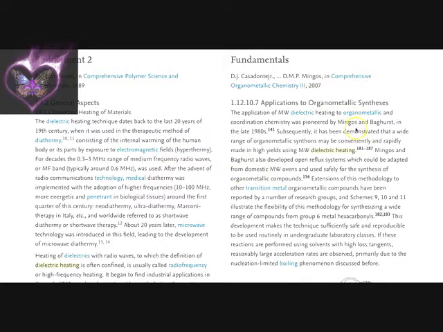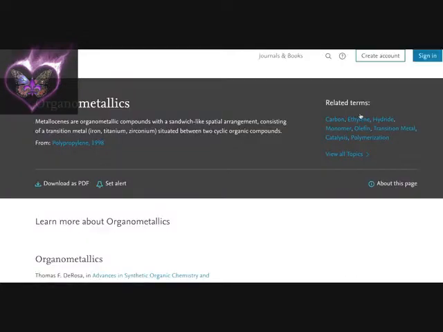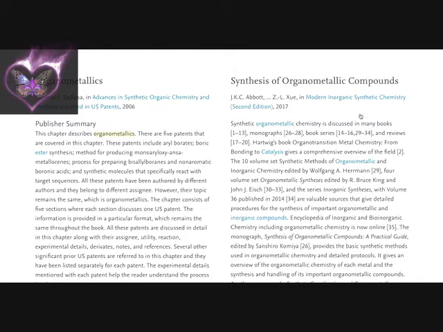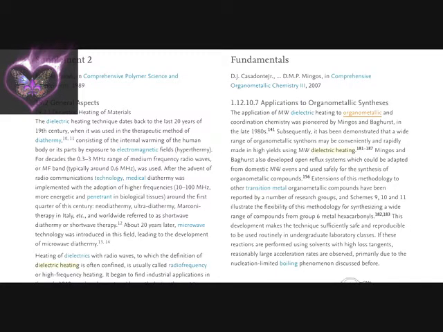Organometallic. What's organometallic? Let's see. There are 5 patents that are covered in this. Okay, this chapter describes organometallics. Patents include aryl borates, boric ester synthesis method for producing. Okay, what organometallics? We're going to look.